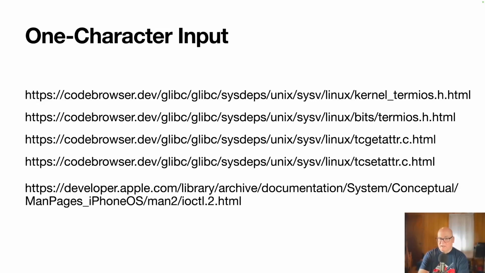Basically, those end up calling IOCTL, which is the Unix level call. And this code gives sample code for doing that. And then also the Apple man page for IOCTL. So I think between those, we will be able to do some sort of input facility. And I don't know, we'll see where it goes from there. It looks like a tedious job to track it all down, but it looks like it will work. So that's something.